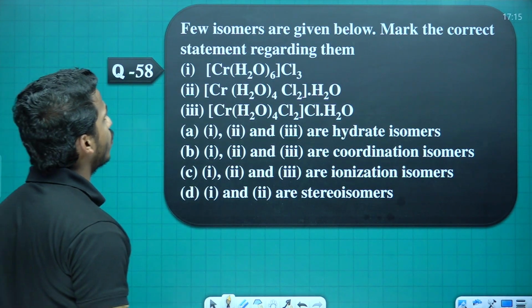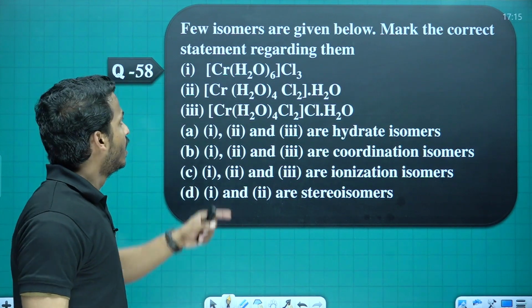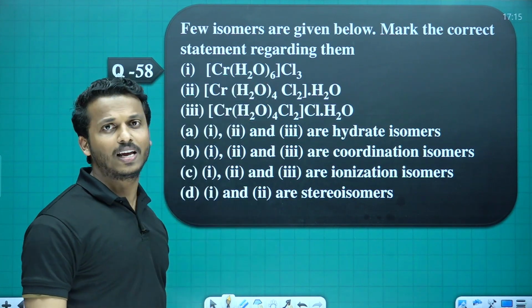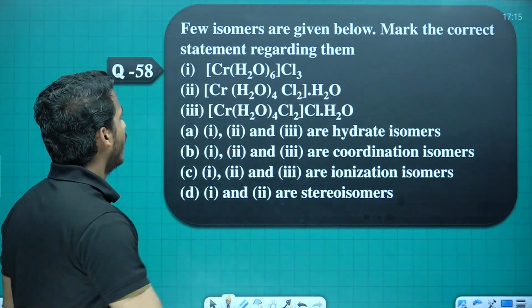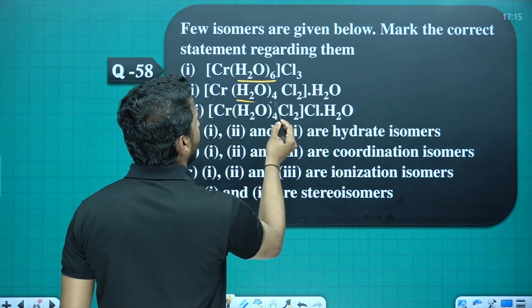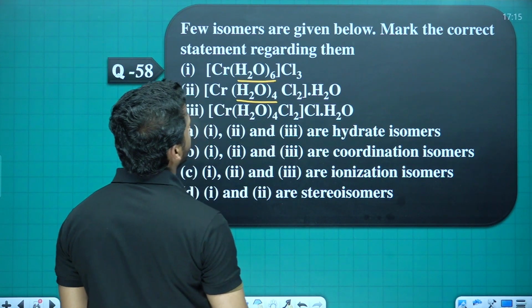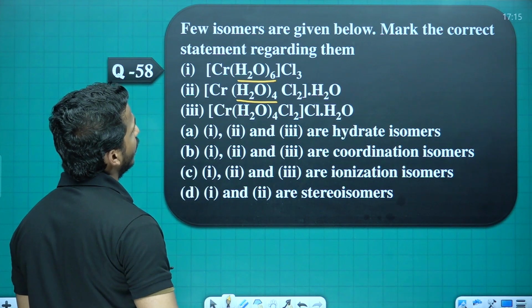Now, a few isomers are given below. Mark the correct statement regarding this. Cr(H2O)6 Cl3, this example we discussed in hydration isomerism. And one here, with H2O 6 times, here H2O 4 times, and then actually one H2O outside.